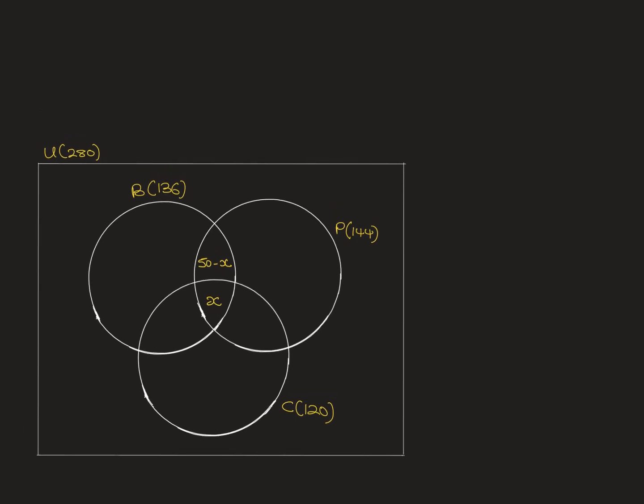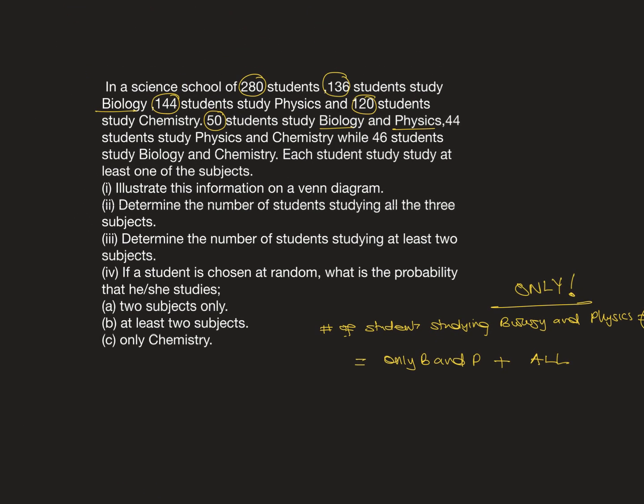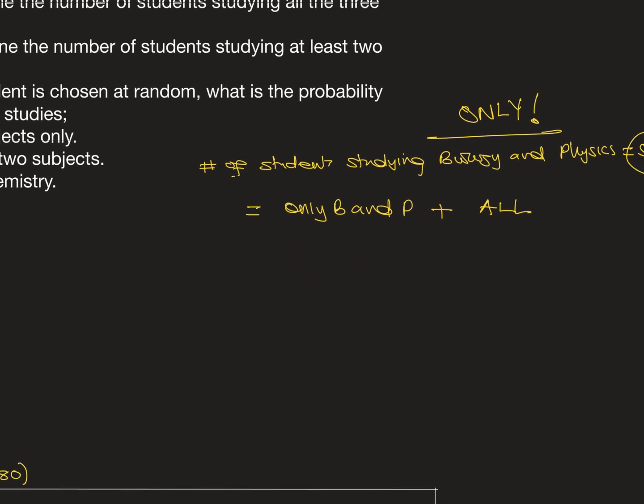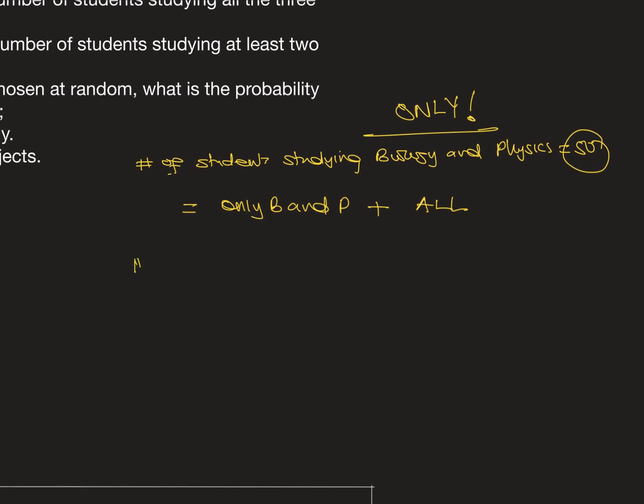Now we move on. It says 44 students study physics and chemistry. So the number of students studying physics and chemistry is equal to 44.